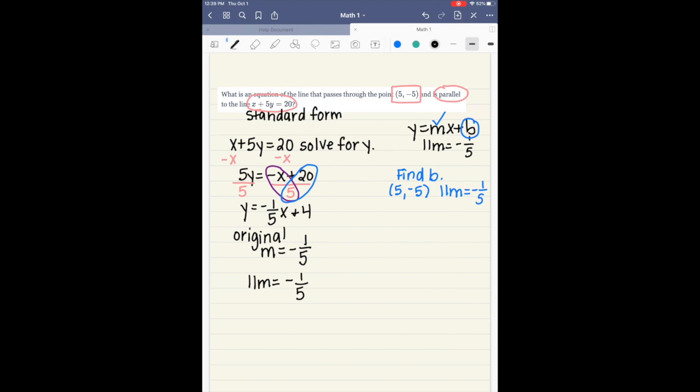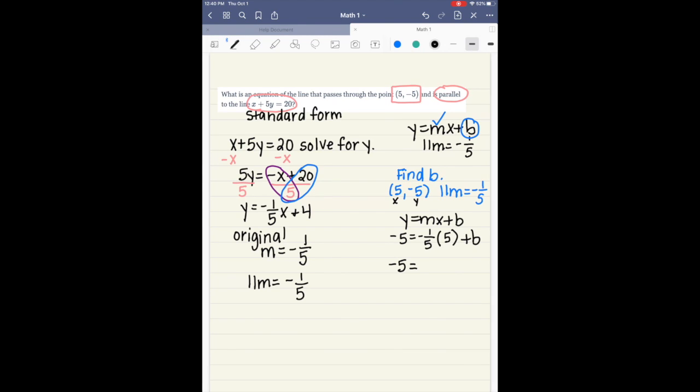All right, so in my problem, this is x, this is y. So y equals mx plus b. I'm going to substitute in negative 5. My parallel slope is negative 1 over 5. My x is positive 5 plus b. And we're going to have to simplify this. So I have negative 1 over 5 times 5.